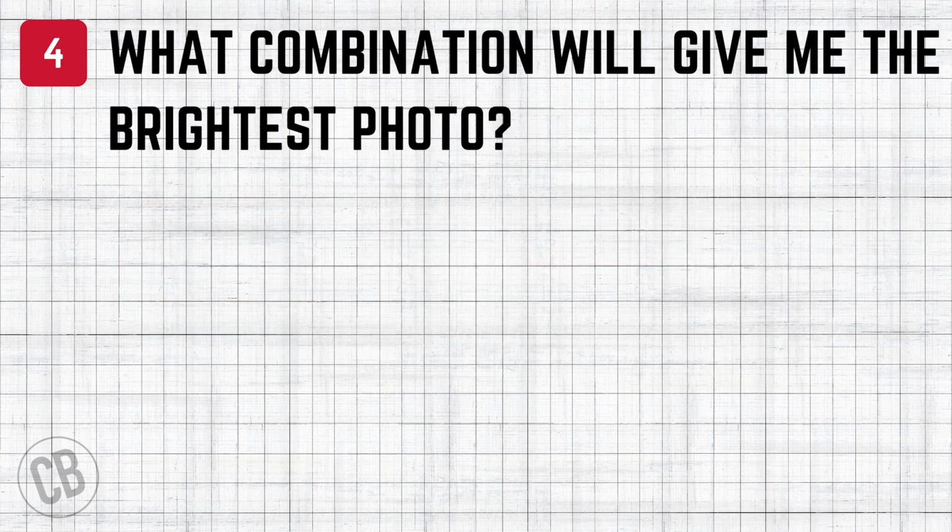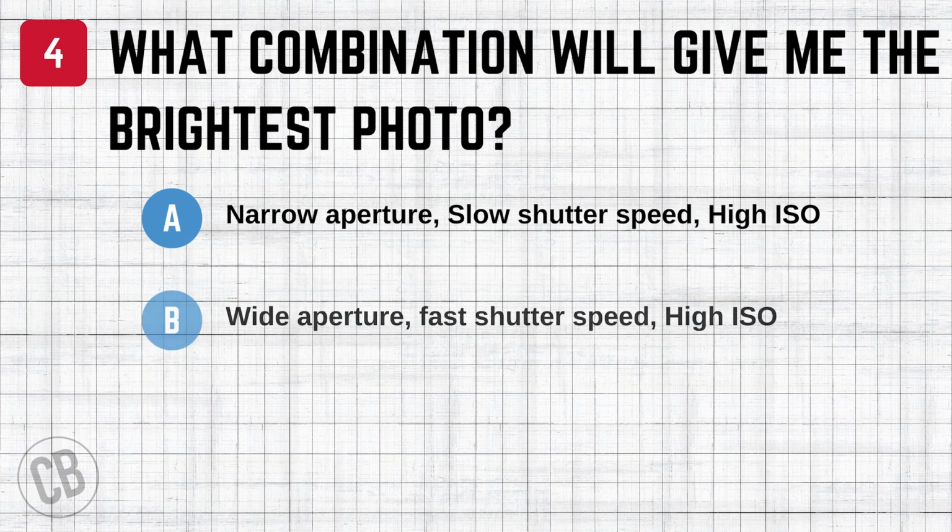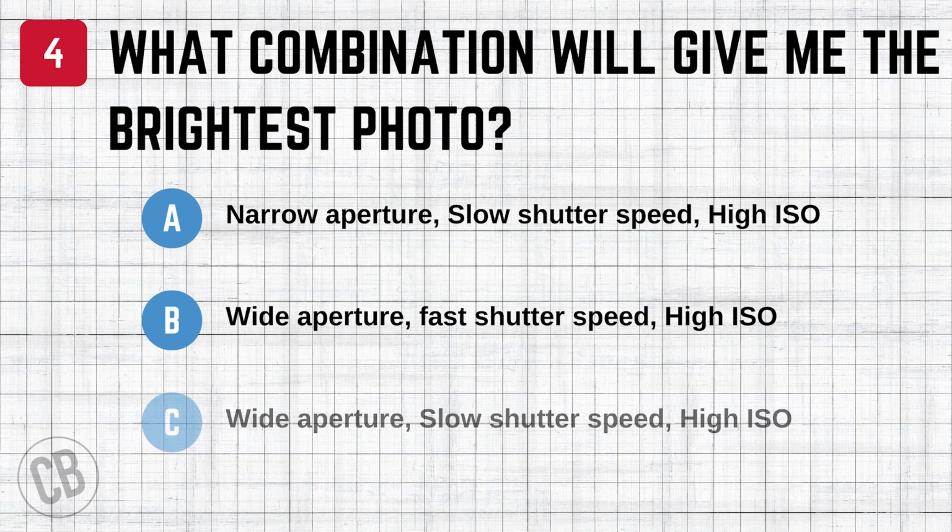Number 4, what combination will give me the brightest photo? Is it A, a narrow aperture, a slow shutter speed, and a high ISO? Or B, a wide aperture, a fast shutter speed, and a high ISO? Or C, a wide aperture, a slow shutter speed, and a high ISO?